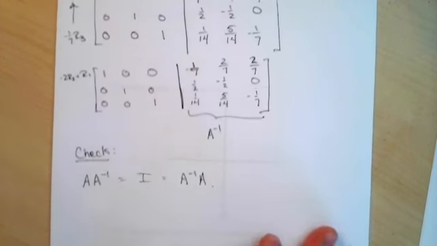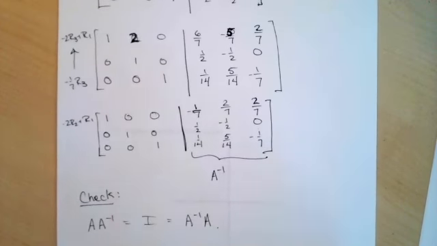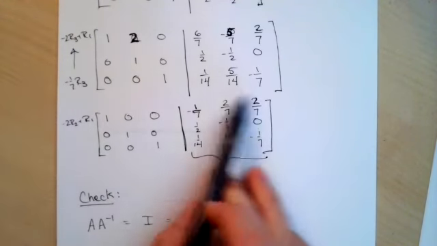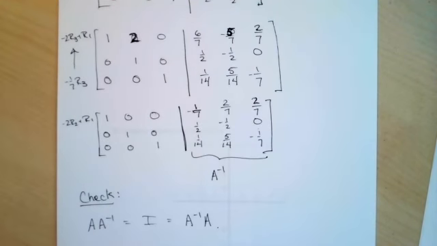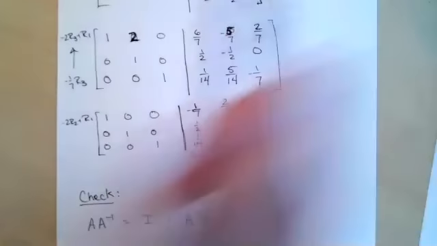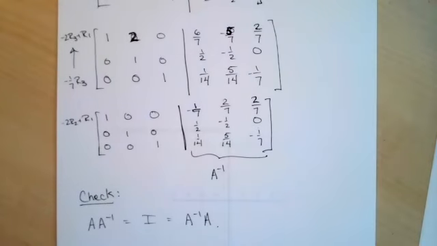So homework, check that on your own. Practice your matrix multiplication. See if we did the computations right here. And if not, go back through the process and try to figure out where we made our mistakes.